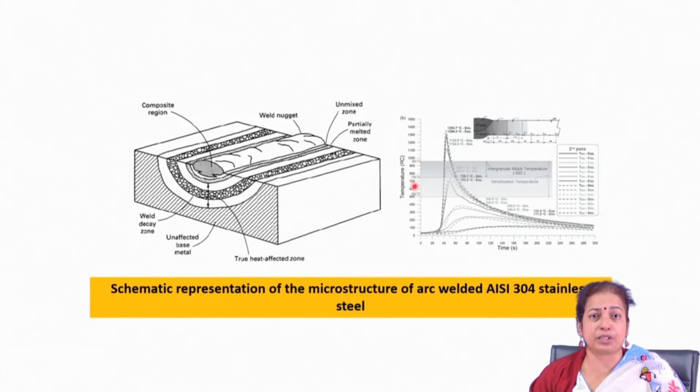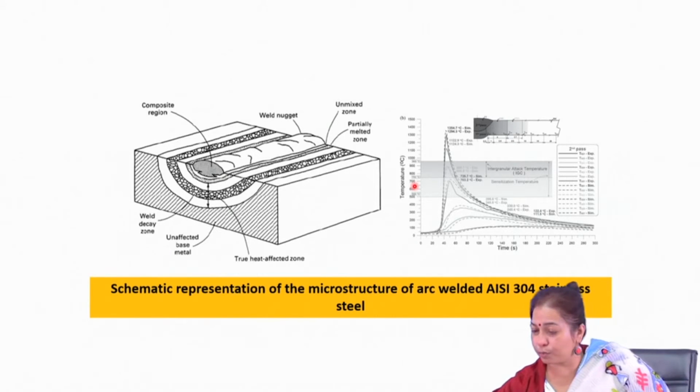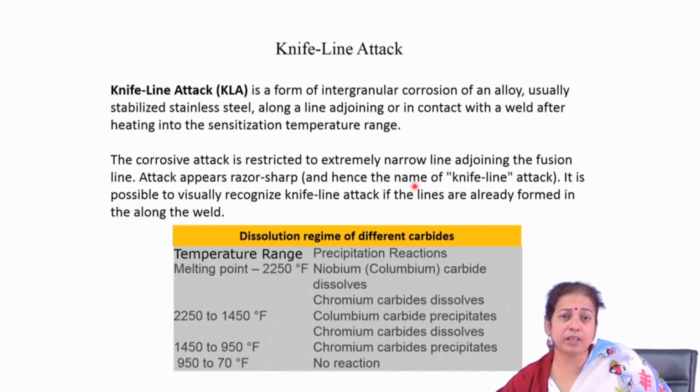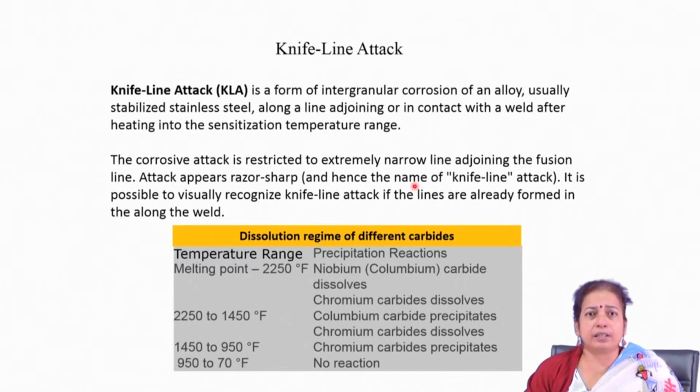Whenever the steel is subjected to arc welding, there is no free carbon available for the formation of chromium carbide, so there is no chromium carbide formation. That particular treatment is very important.